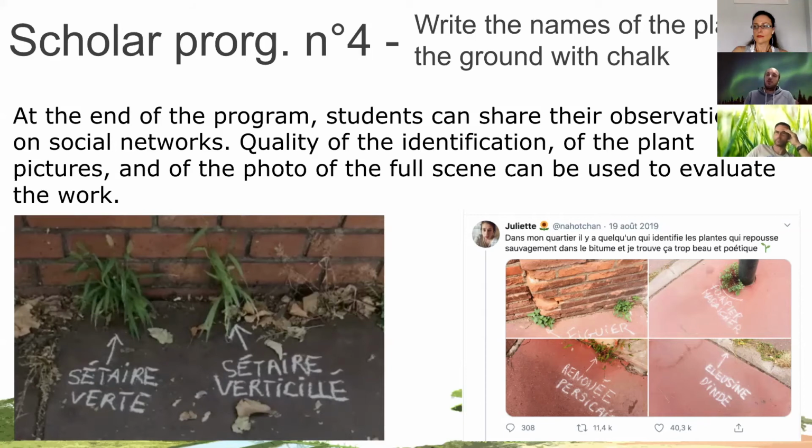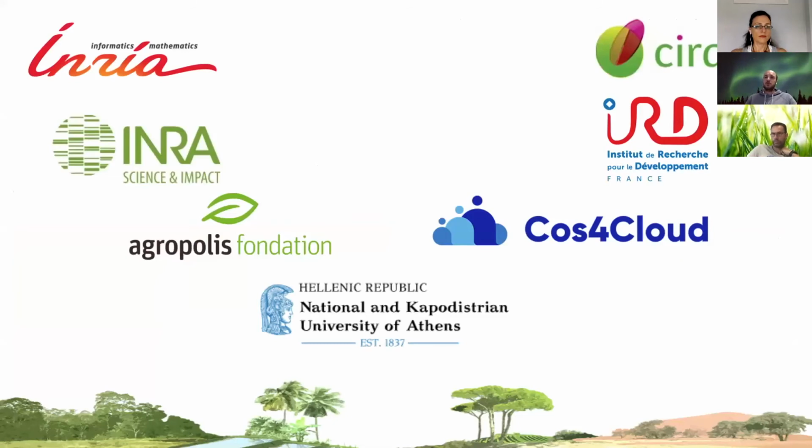It was a way to use that urban diversity to increase the attractiveness of botany in a practical way. And so this was the fourth one that we want to share with you.